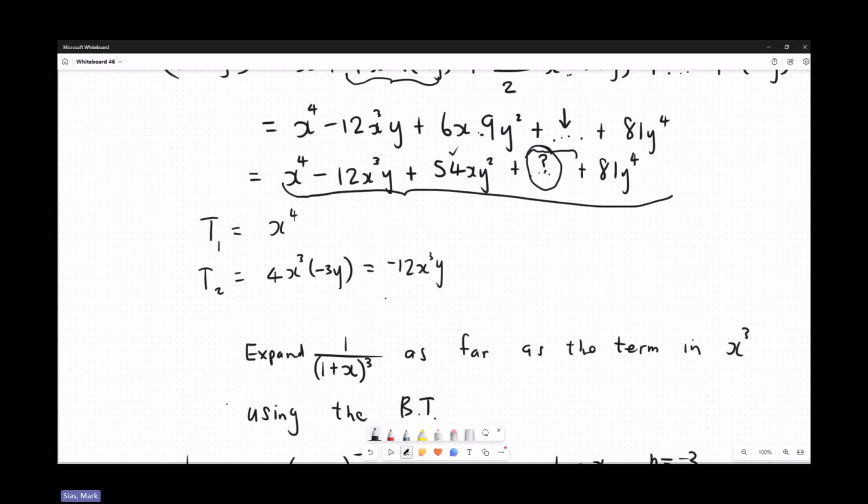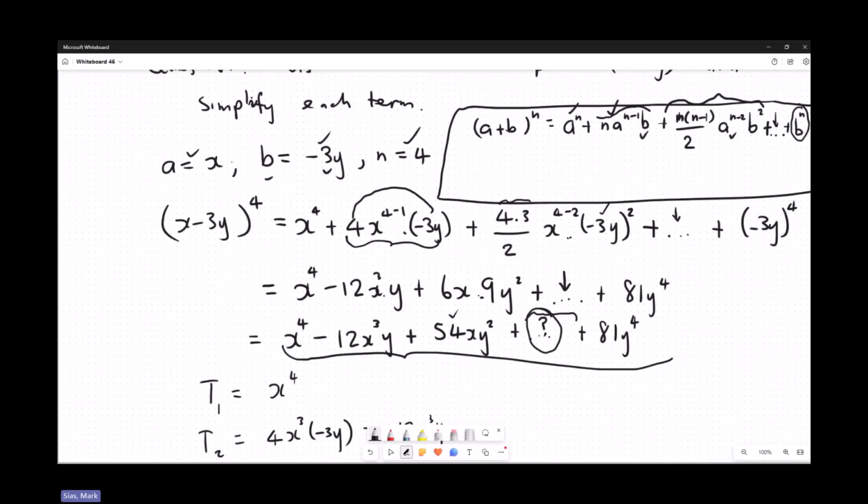Of course, now we'll have an infinite number of terms, but you will stop wherever you see there's x cubed. That's basically that. So you'll do your expansion according to this formula.